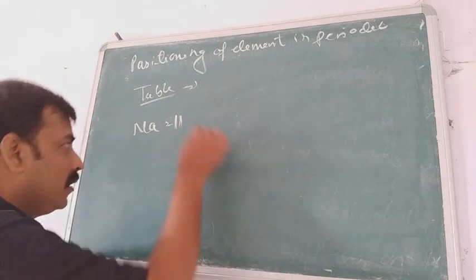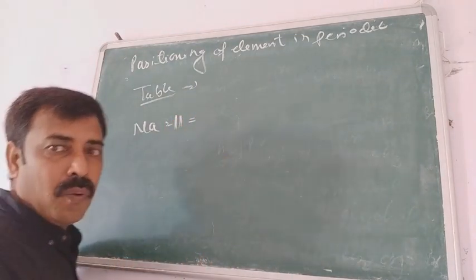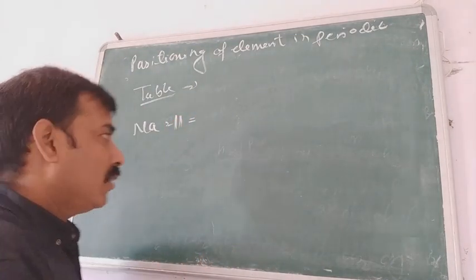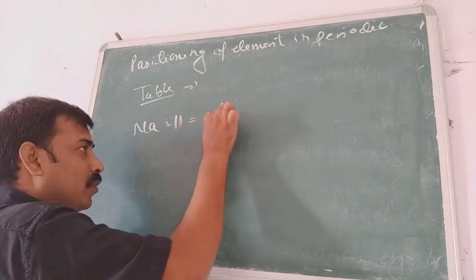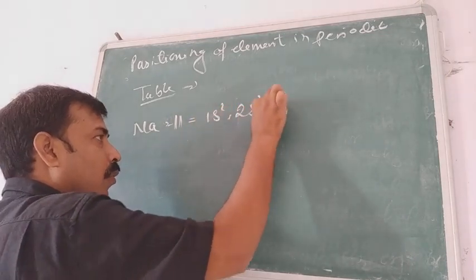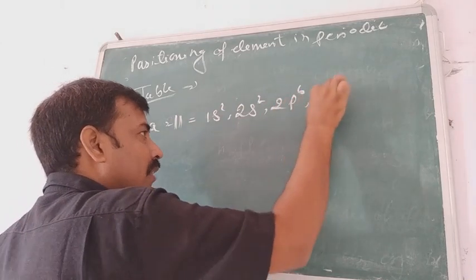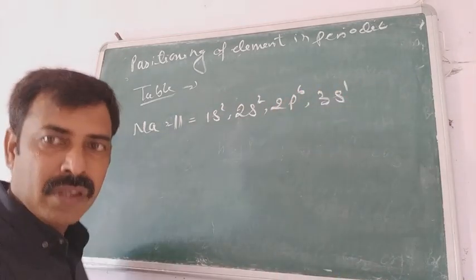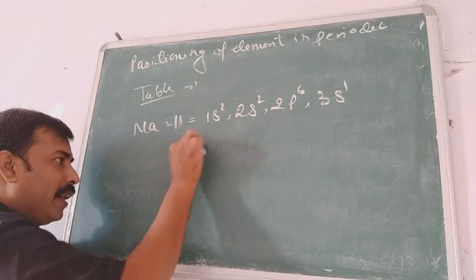When you see sodium, atomic number 11, what will be the electronic configuration? The electronic configuration will be 1s2, 2s2, 2p6 and 3s1. First we will try to find the period.